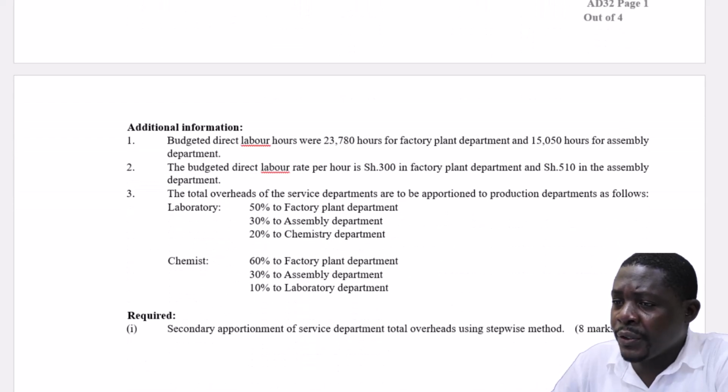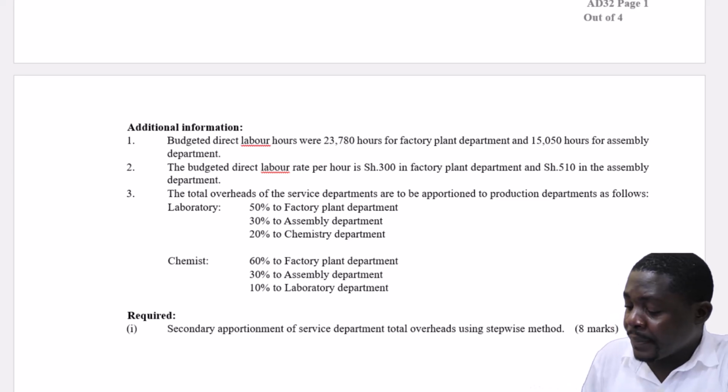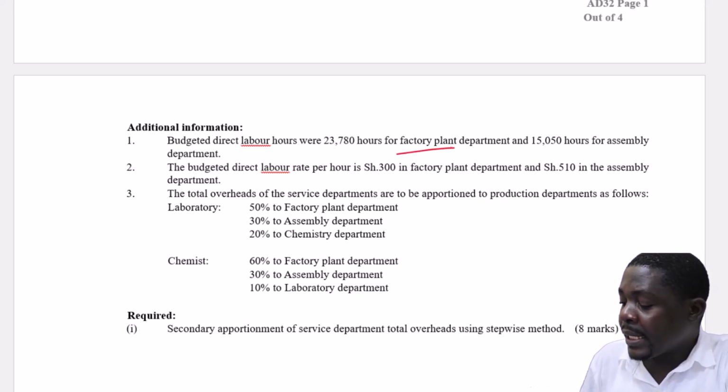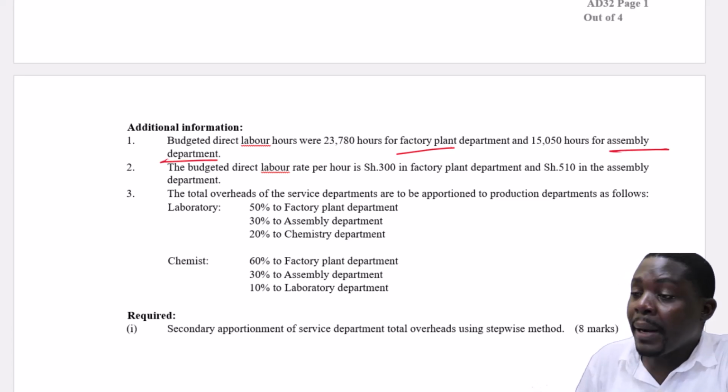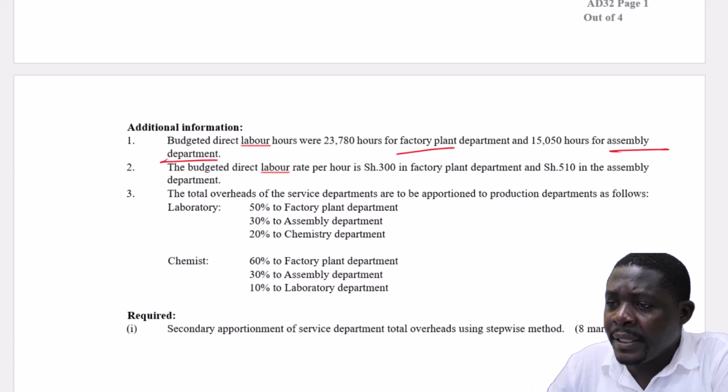Additional information: the budgeted direct labor hours were 23,780 hours for factory plant, and 15,050 for the assembly department. And then we have the budgeted direct labor rate per hour, which is 300 in the factory plant and 510 in the assembly.